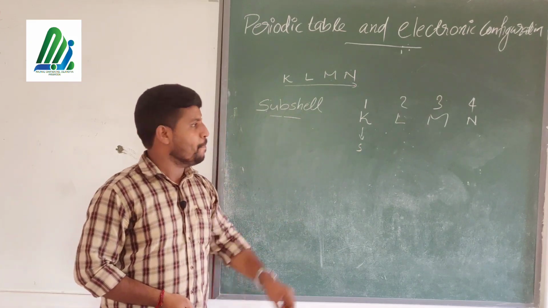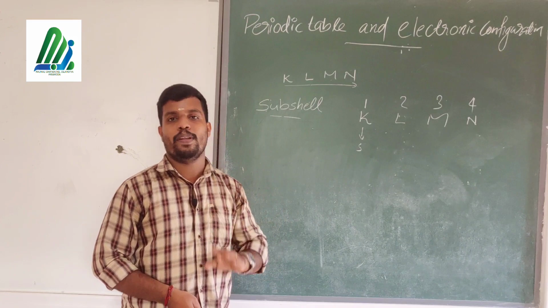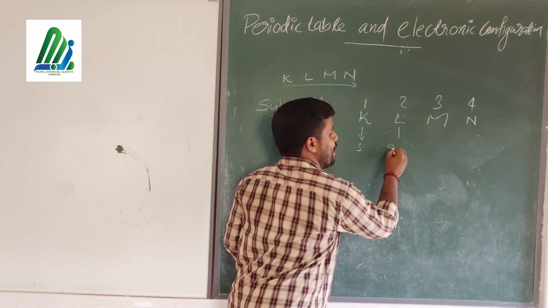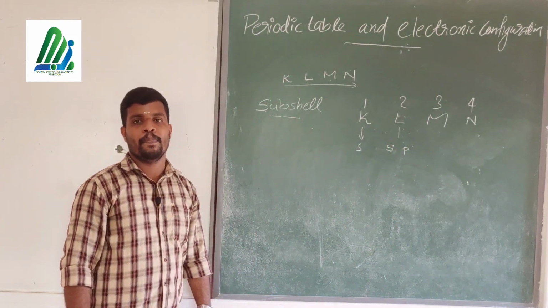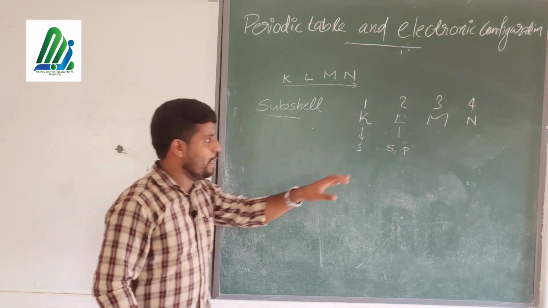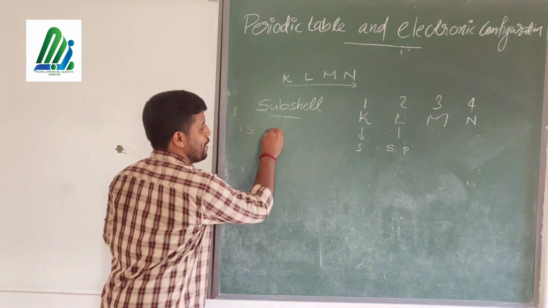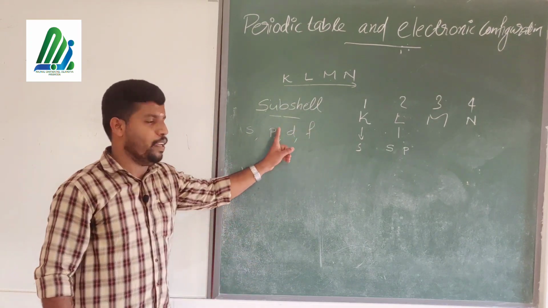So the first shell contains only one subshell, it is s. L shell is the second shell. How many subshells does the second shell contain? The second shell contains two subshells, that is s and p. You know that the subshells are s, p, d, f.